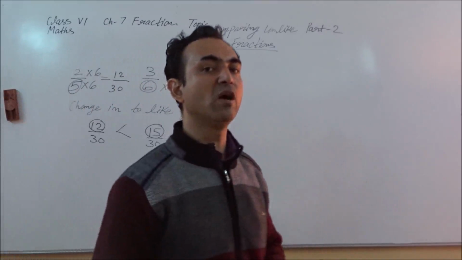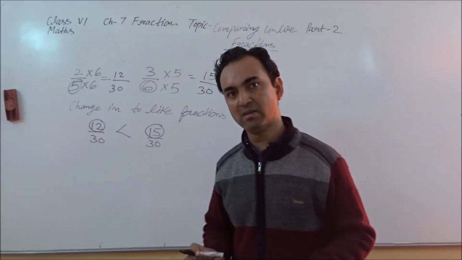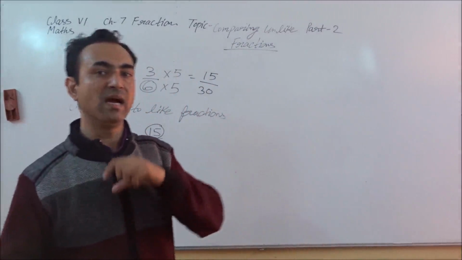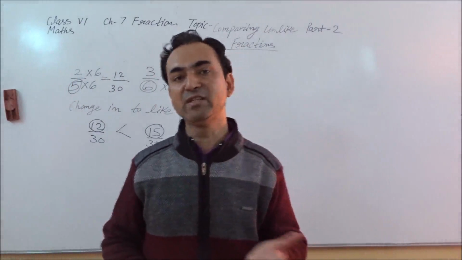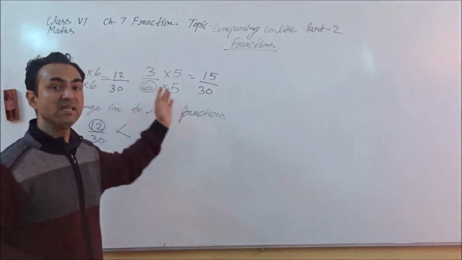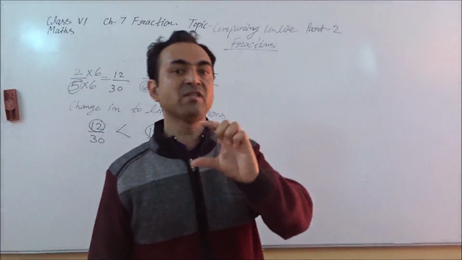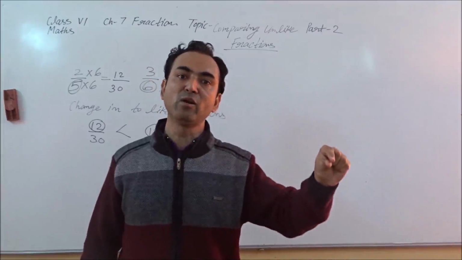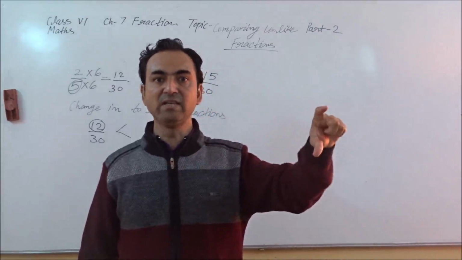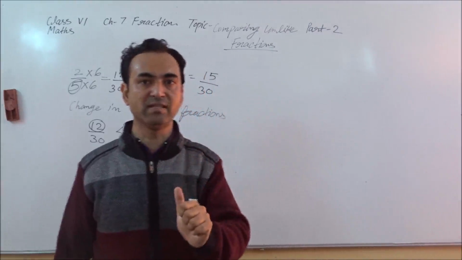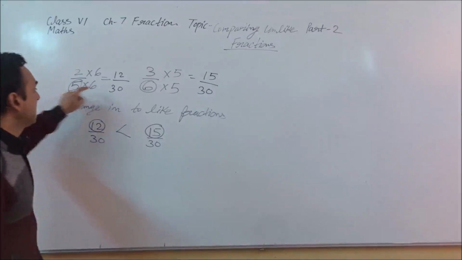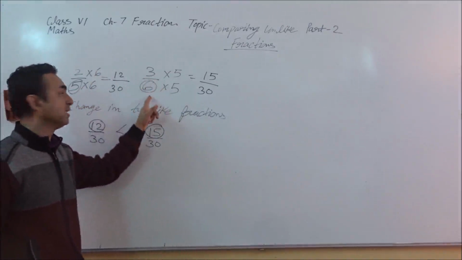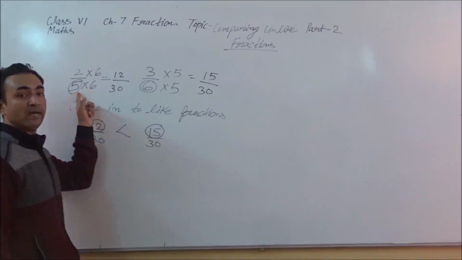So you have understood how to compare unlike fractions. To compare unlike fractions, we require to change unlike fractions into like fractions. And how do we change? We multiply the complete fraction with the other's denominator. The first fraction is multiplied by the denominator of the second fraction, and the second fraction is multiplied by the denominator of the first fraction, like 2 upon 5 multiplied by 6, the denominator of the second fraction, and the second fraction multiplied by 5.